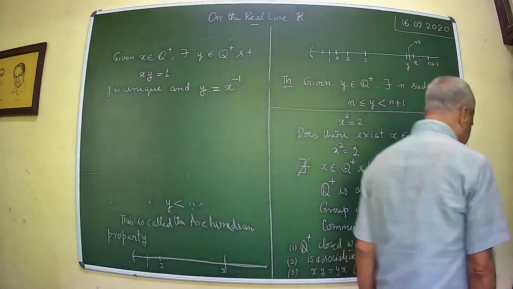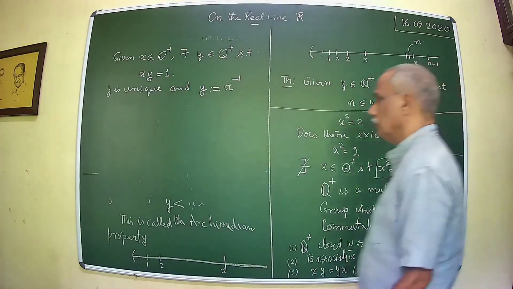So every element in Q plus has a multiplicative inverse.